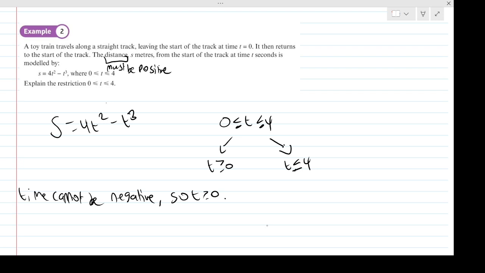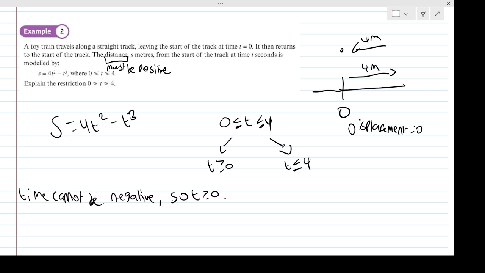So for example, if I start at my point O, and I walked 4 meters forward and then 4 meters backwards, back to my starting point, the displacement would be 0, because displacement tells me how far I am from the starting point.